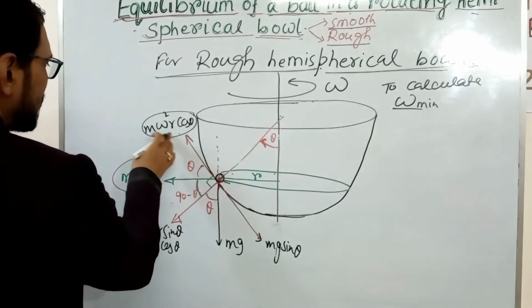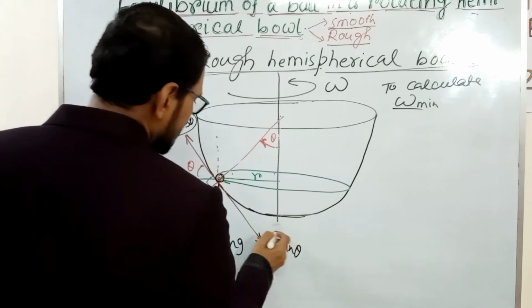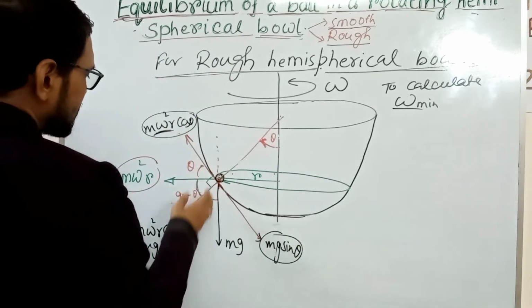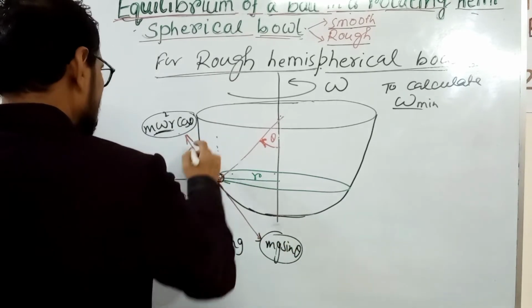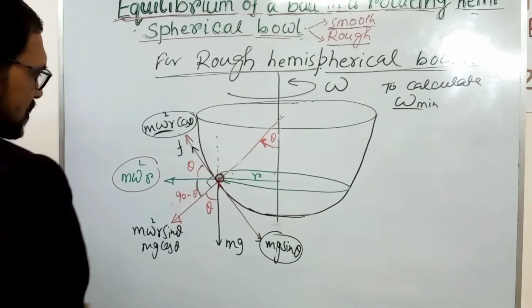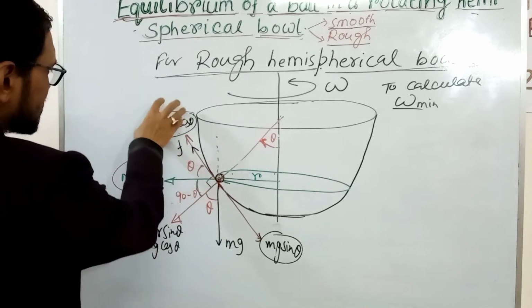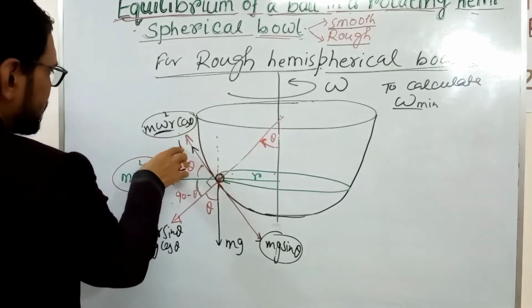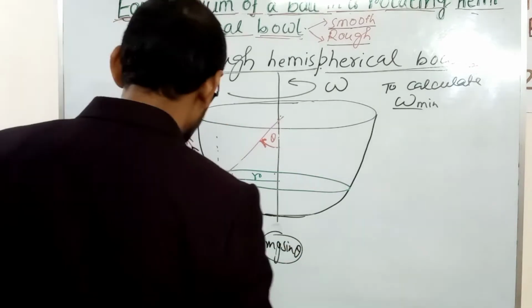The weight component mg sin theta is constant, so friction prevents this weight, so friction must act in this direction. The weight acts in this direction, and this force is less, so this and friction both combined prevent the weight of the ball.